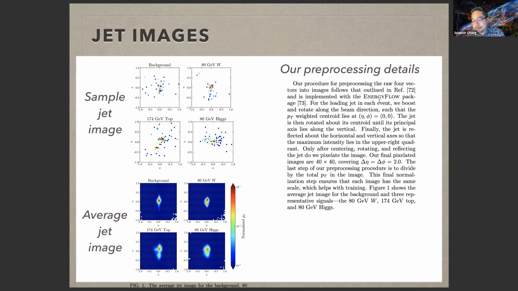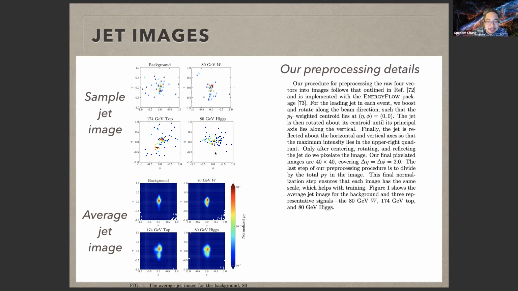Okay. So here, just to show you some of our results, I'm not going to go through pre-processing, because we really follow what a lot of people have standardized, rotating so that the hardest part is in a fixed place, and all this. So you can read the details. But here, you can look at sample jets. The background is this sparse image. The W, maybe you can see a very hot area here.